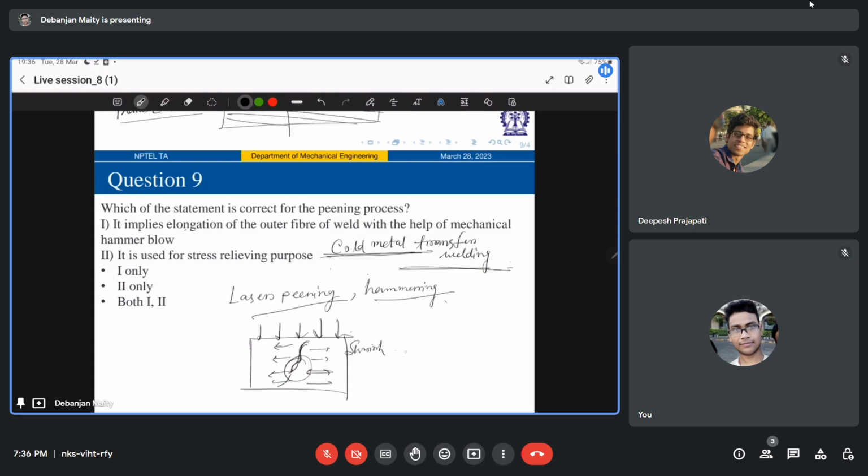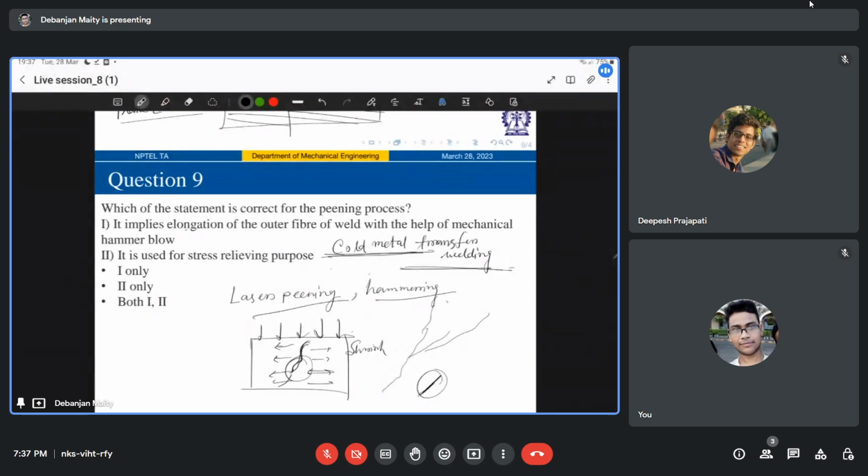Brittle fracture happens because of initiation of a crack, and then it just propagates all over, right? Let us say you have some crack initiation here, but due to the application of this hammer blow, it cannot propagate like it happens in brittle fracture. Maybe there can be another place where there is initiation, and it just diminishes away from here.